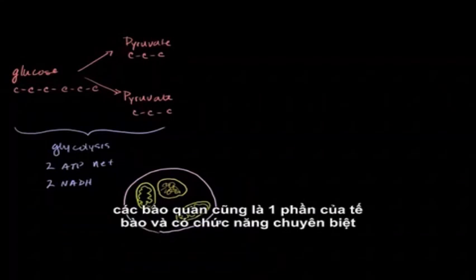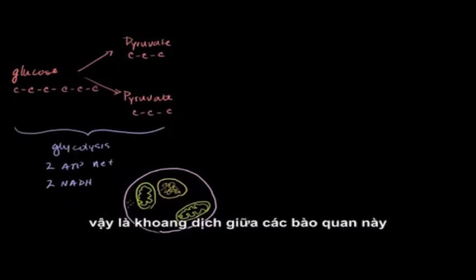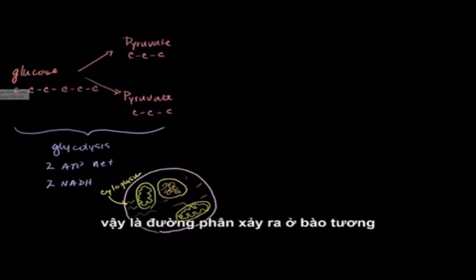You can view organelles as parts of the cell that do specific things, kind of like organs do specific things within our own bodies. So between all of the organelles, you have just this fluid of the cell, and that's called the cytoplasm. And that's where glycolysis occurs. So glycolysis occurs in the cytoplasm.